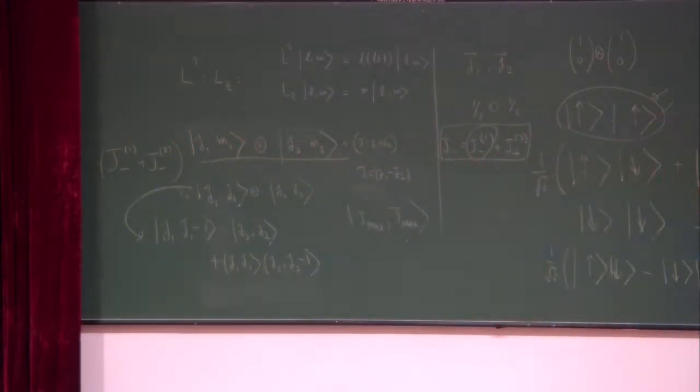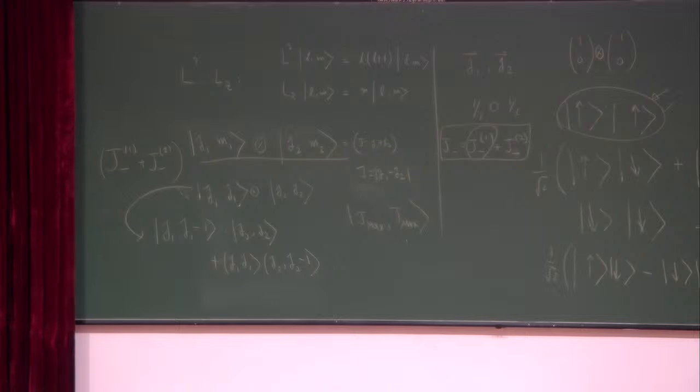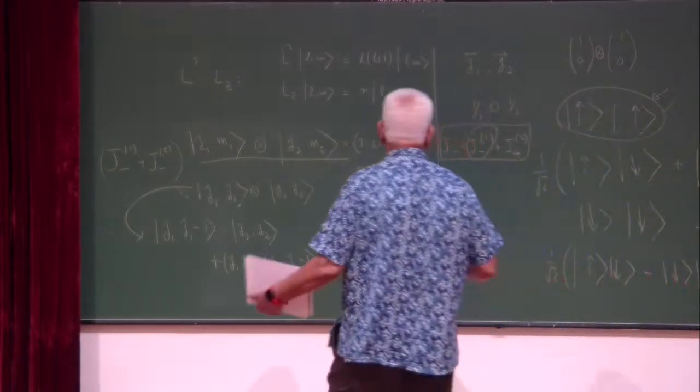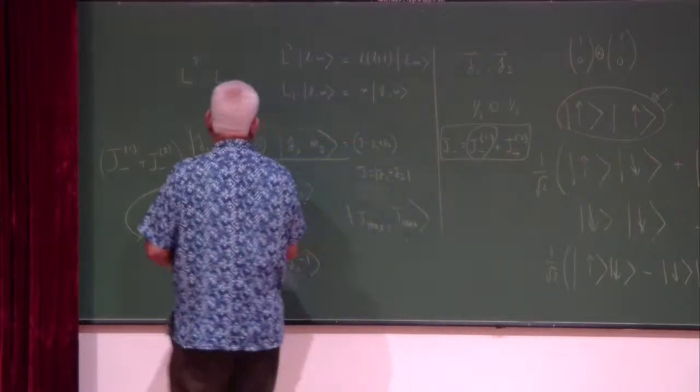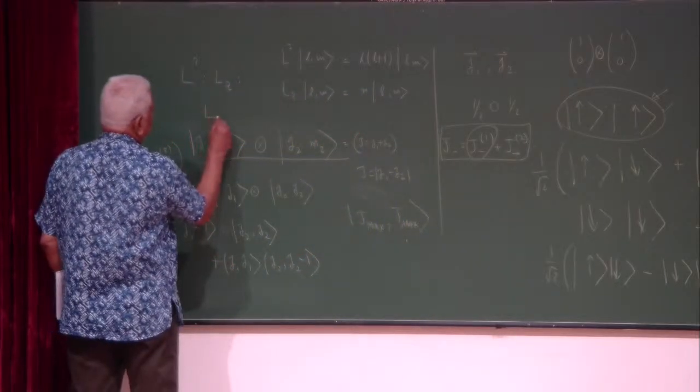Okay? In the previous example, that action gives rise to that 1 by root 2 factor. It will not give that for a generic case. We know the formula, which I have probably written down, and that formula which I have erased here, I will write it here.